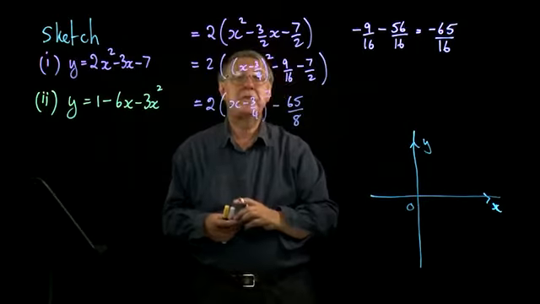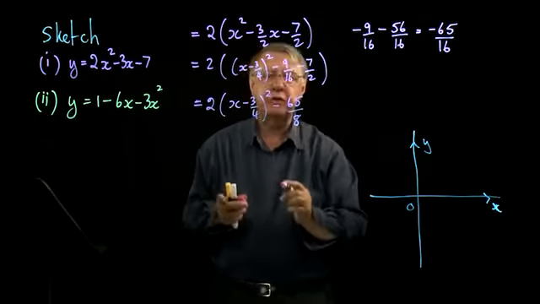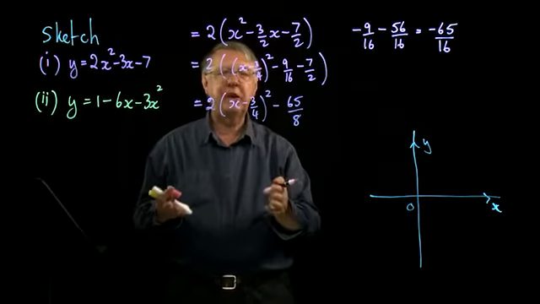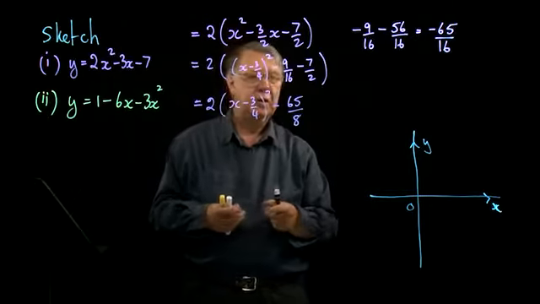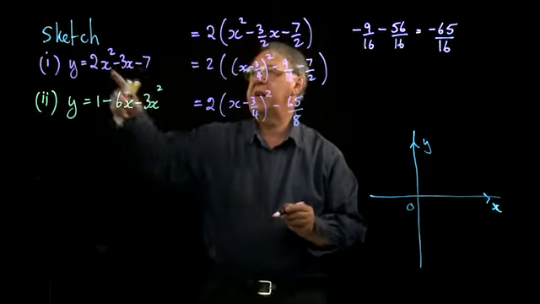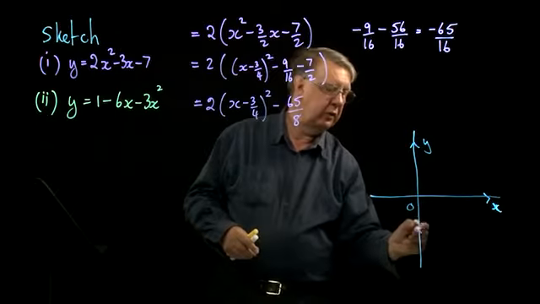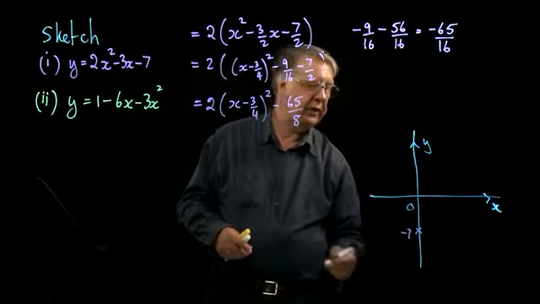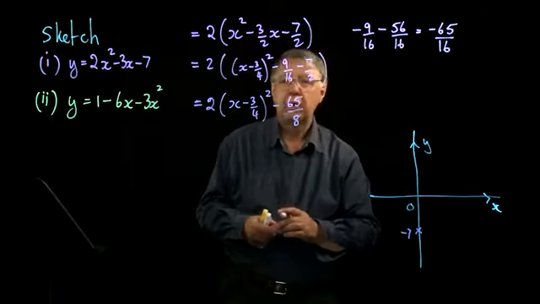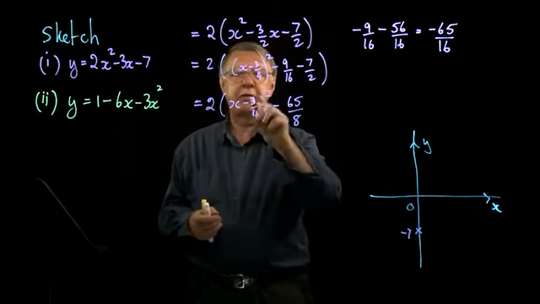Now I'm going to use that to draw a proper sketch. Now remember that a sketch mustn't just show the shape, it will have to show key points on the graph. So let's look at some, first of all, very obvious one. If x is 0, y is negative 7. So we know that there's going to be a crossing point there on the y-axis. The symmetry of the graph is from this bracket here.